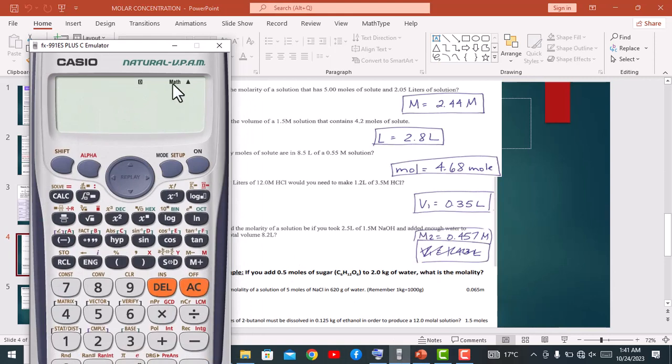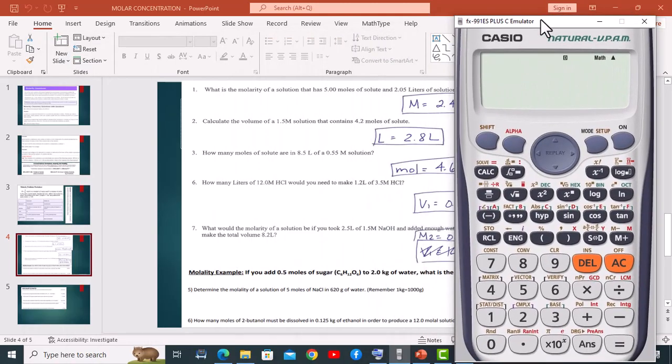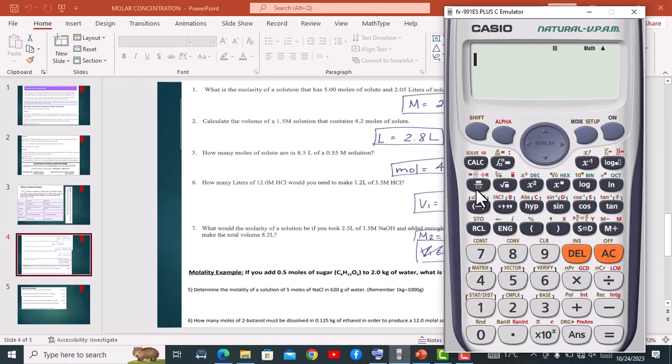How many liters of 12 molarity HCl would you need to make 1.2 liters of 3.5 molarity?